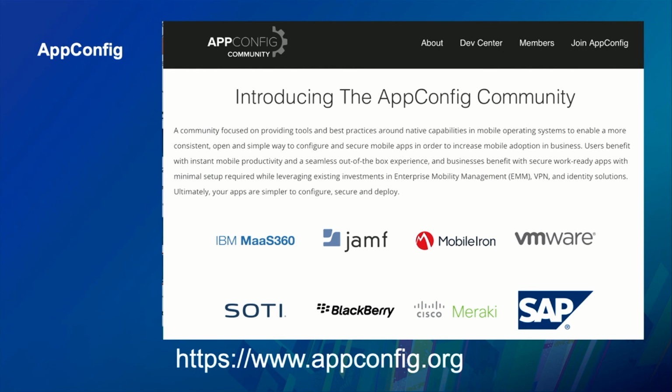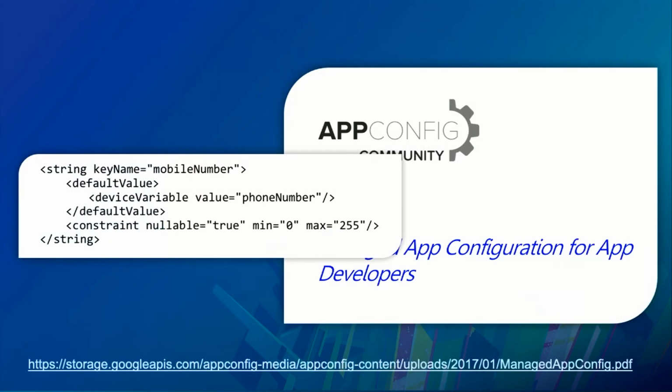The bit that we're interested in initially is how we can pre-configure parameters down to apps. And this is done through the AppConfig configuration for apps specification. Now, what that ultimately comes down to is an XML schema specification.